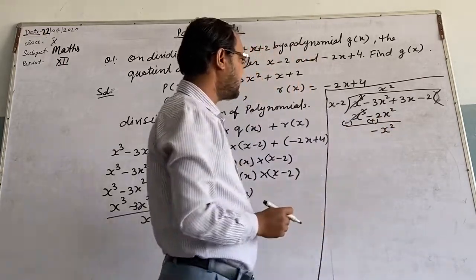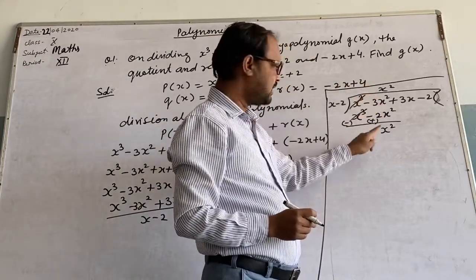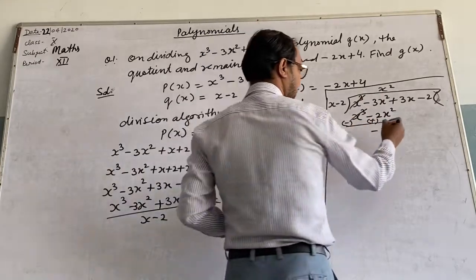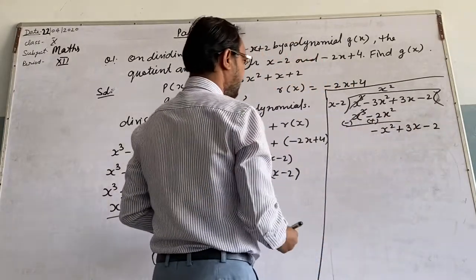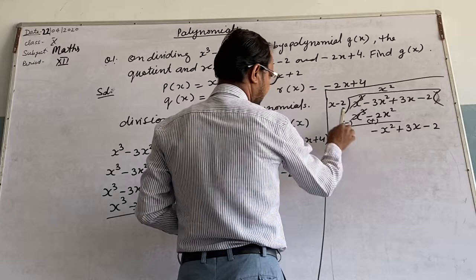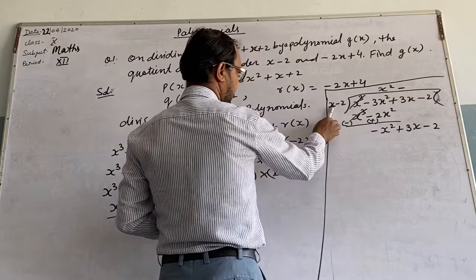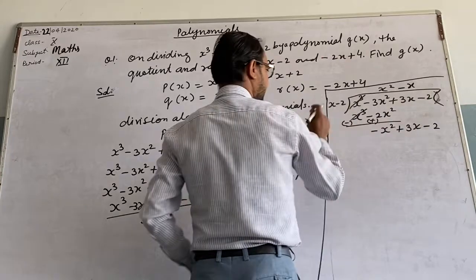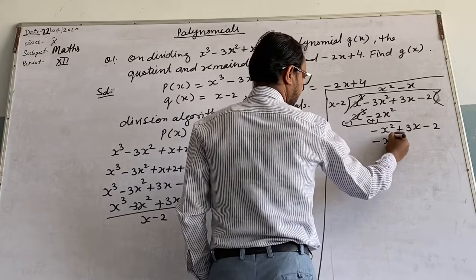In simple words we can say that 3 is minus and 2 is plus, so after subtracting 1 remains, and it is minus because minus is more. Now carry down 3x minus 2. Now simplify this and cancel it out. How can you cancel it? Here there is no minus, so you can take minus here. And here are x and x square, so you can take x. x into x gives you x square, so minus x into x is minus x square.